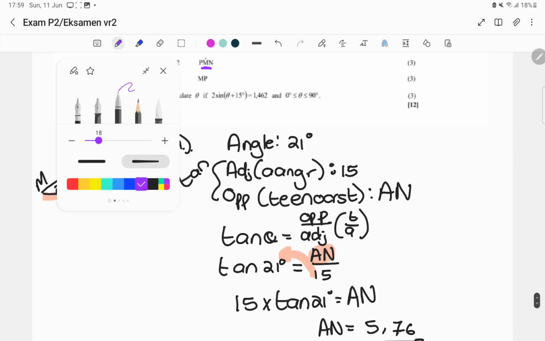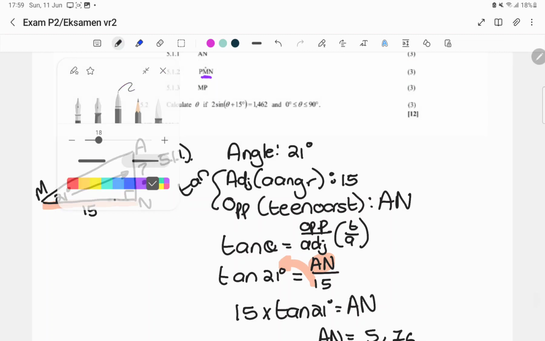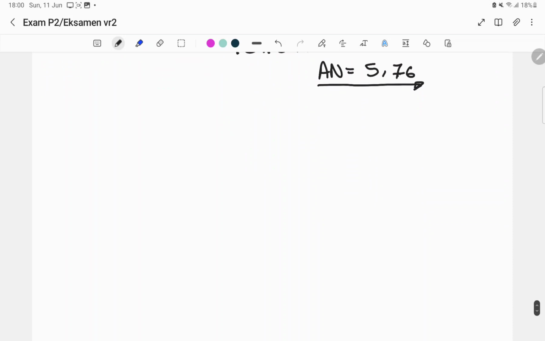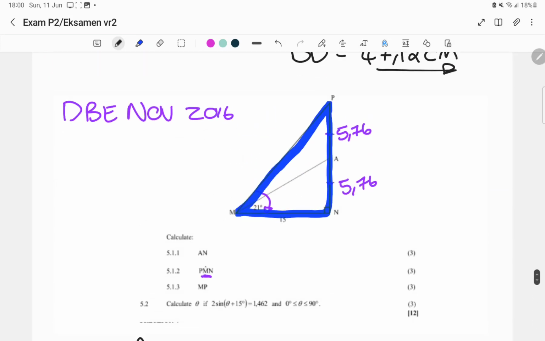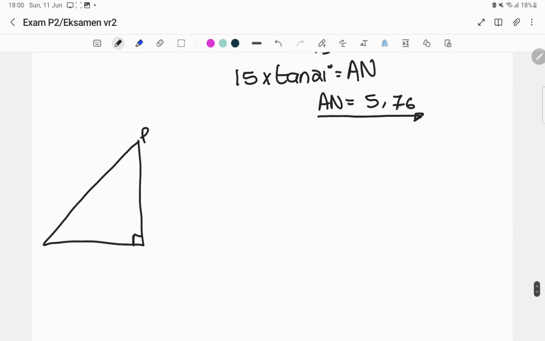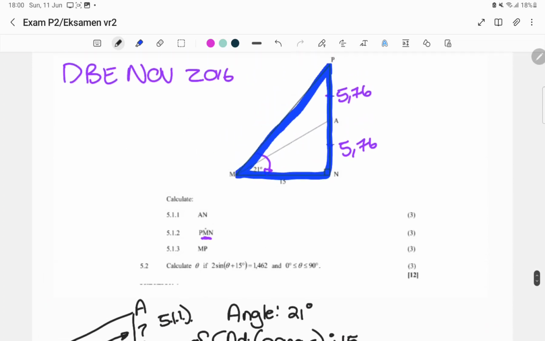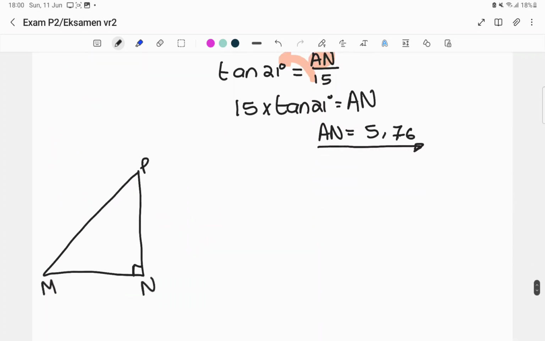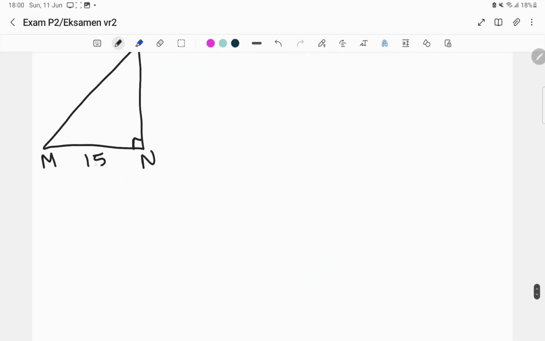Let's quickly answer this question, so let's redraw my triangle. My triangle is triangle BMN. Whenever I'm struggling, I always check in which 90-degree triangle it lies, because that already tells me what information I need to use. At the moment, I have MN, which I know is 15.